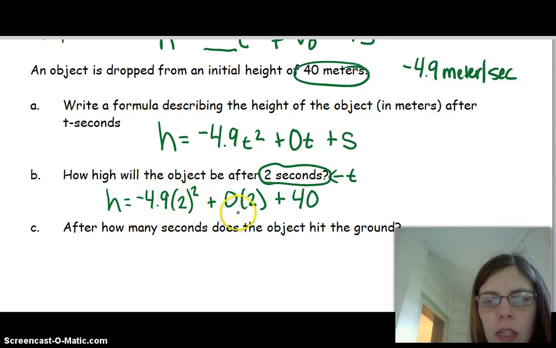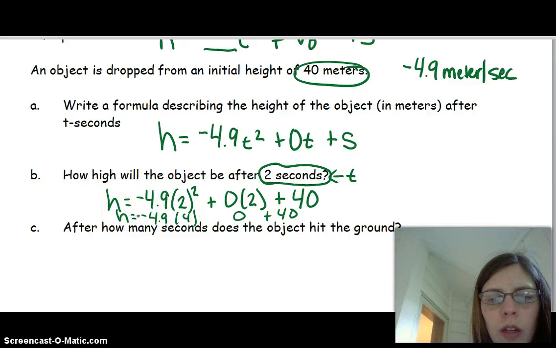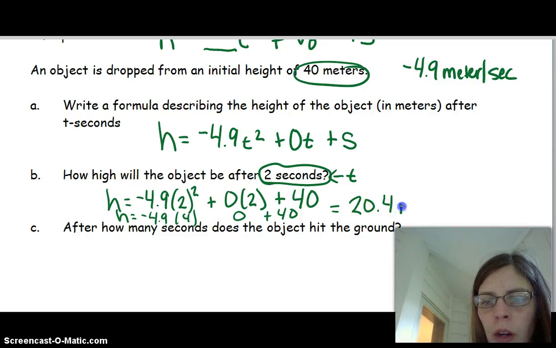Looking at this, this is going to end up being 0, this is going to be 40, and I need to figure this out. This is going to be 4 times negative 4.9. If you work that out, after 2 seconds, your object will have fallen to a height of 20.4 meters.